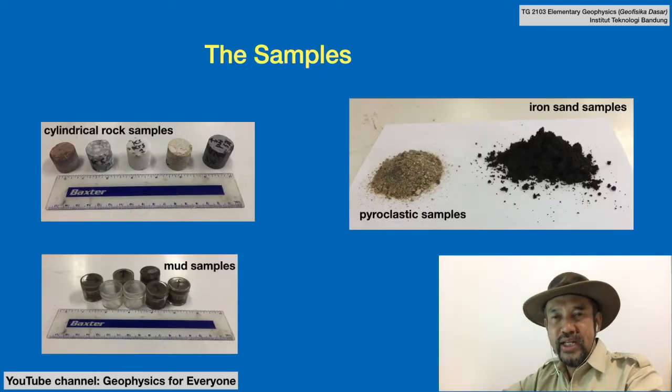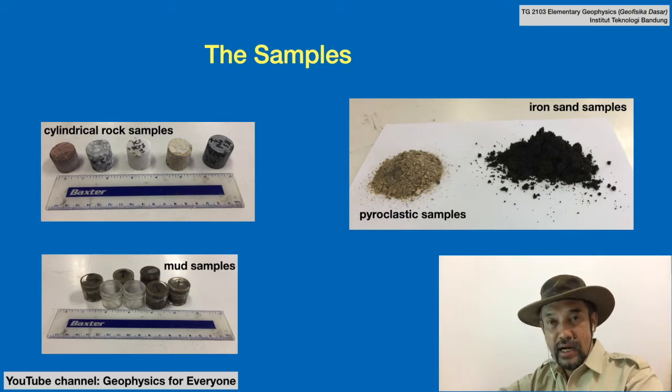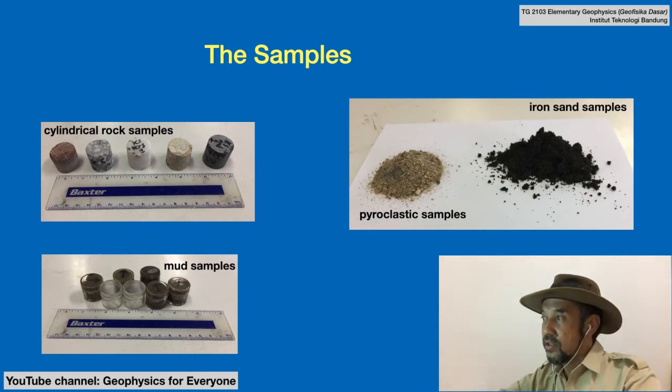So what do we need for the magnetic susceptibility measurements? If you have seen our last video, measurements of density, you know that we are going to use the same samples. We are going to use cylindrical hard rock samples, and we are also going to use the mud, the pyroclastic sample, and the iron sand samples.